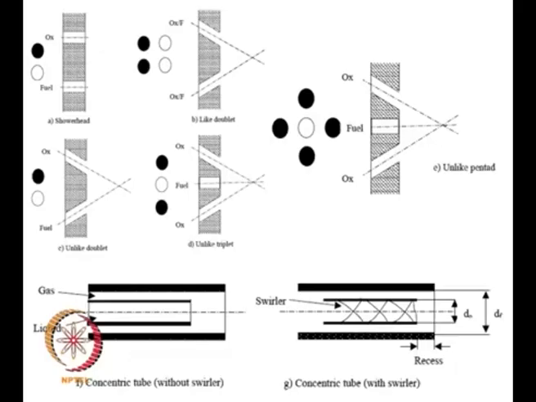As you can see here, the first one is the shower head injector. This is nothing but very similar to the shower that we use every day, right? These are straight holes, and there is fuel and oxidizer that is coming. Now notice that they are going parallel to each other, right? So in a sense you are not utilizing the possibility of using the momentum of these jets to break them up.